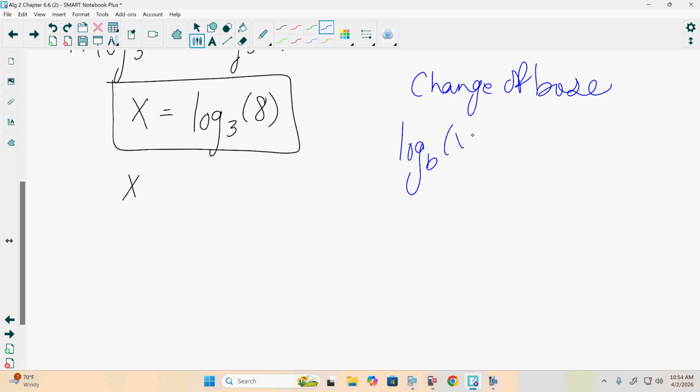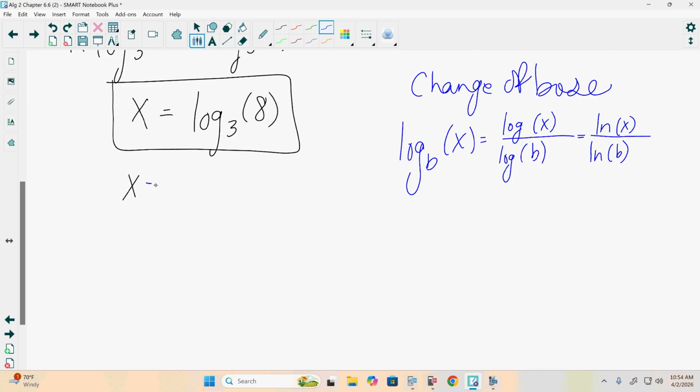Log base b of x, if we want it in common logs, is log of x over log of b. Or if we want to put it in natural logs, it's the natural log of x over the natural log of b.